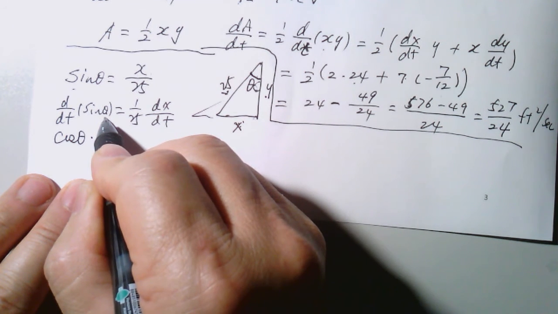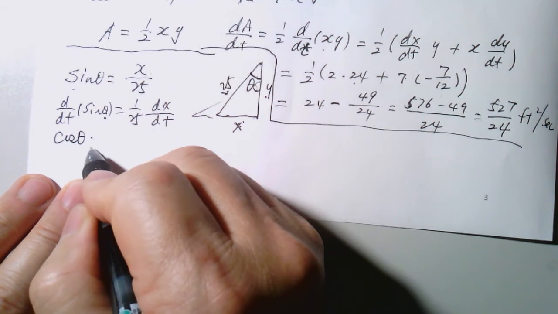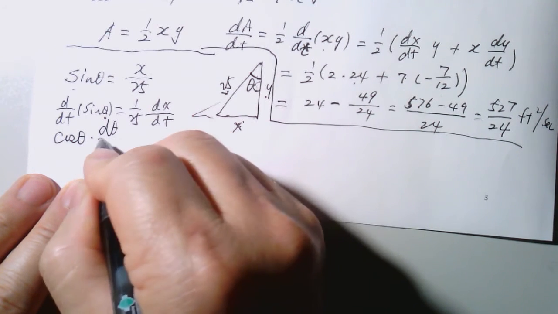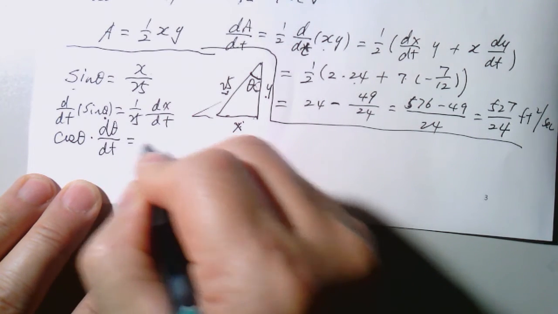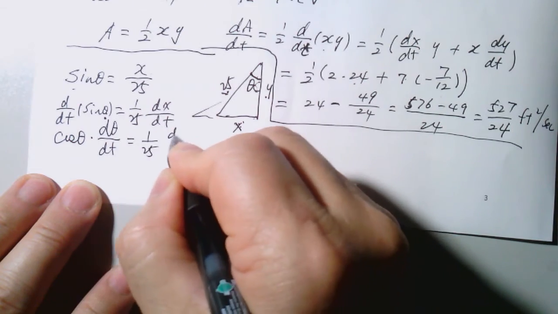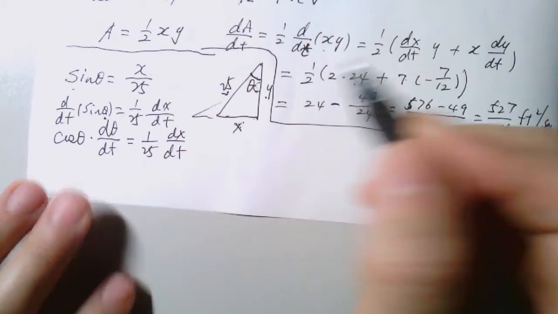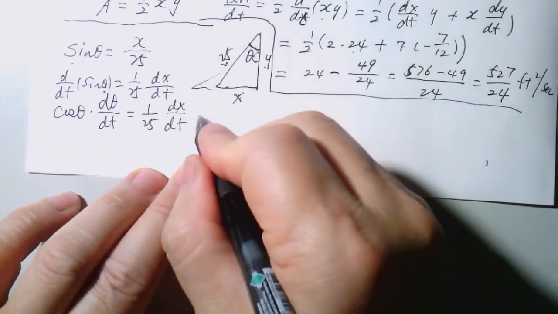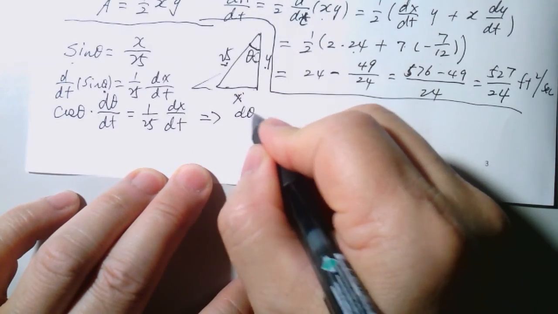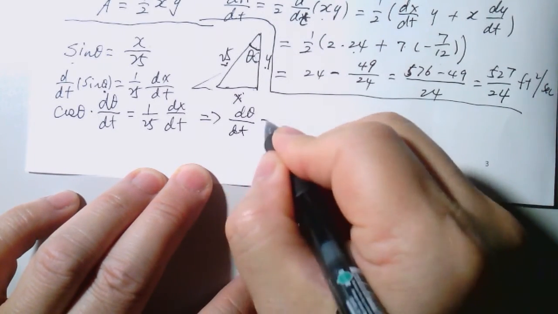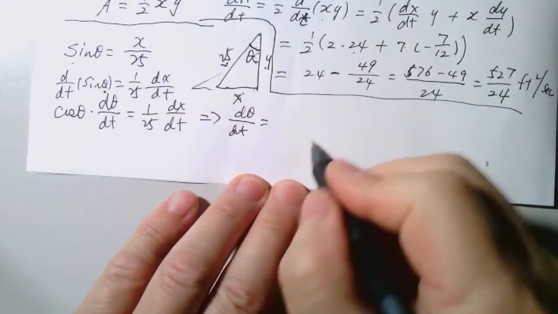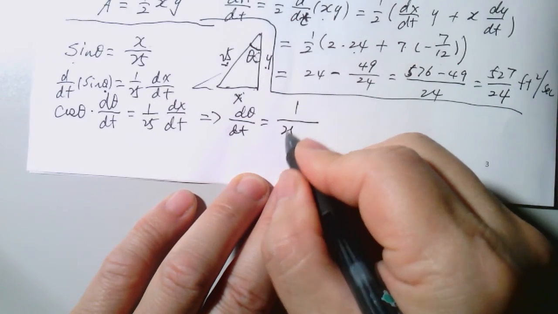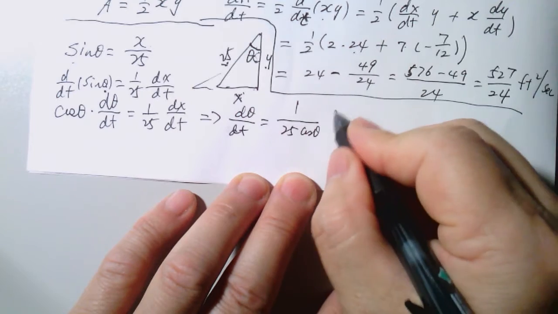You can't just say cosine theta. No, you have to use the chain rule, so d theta dt. So here I need to figure out what d theta dt is. Dividing both sides by cosine theta, I got d theta dt equals 1 over 25 cosine theta times dx dt.